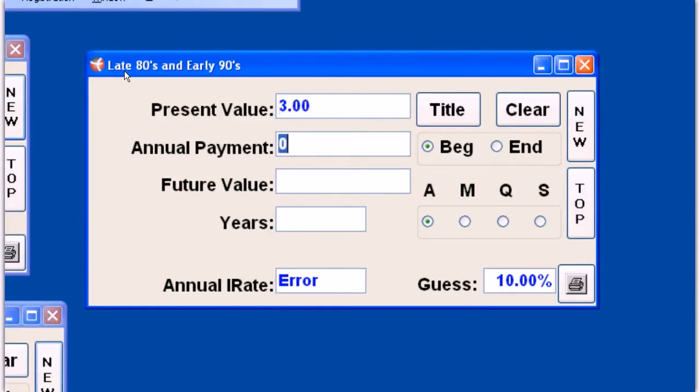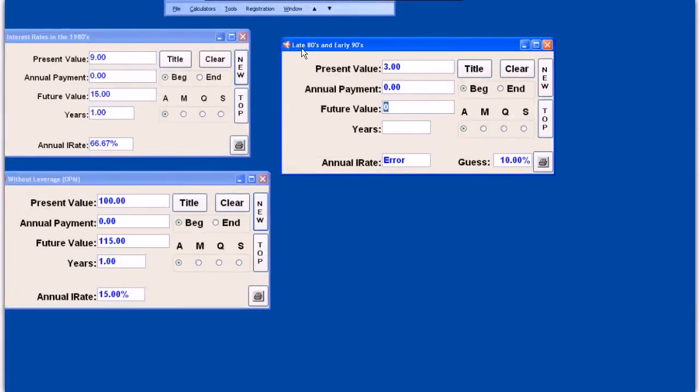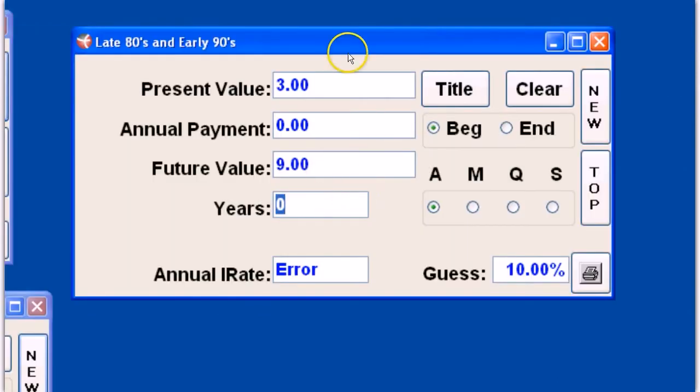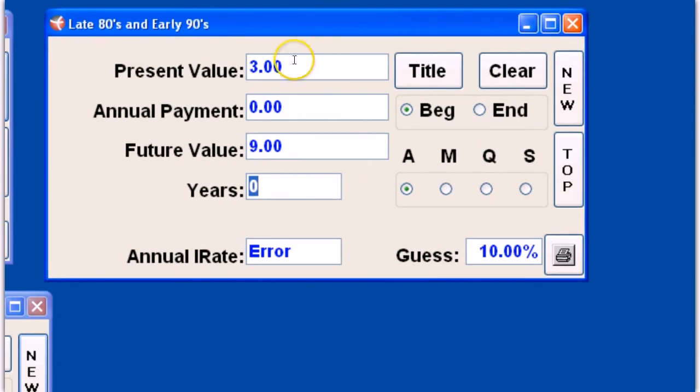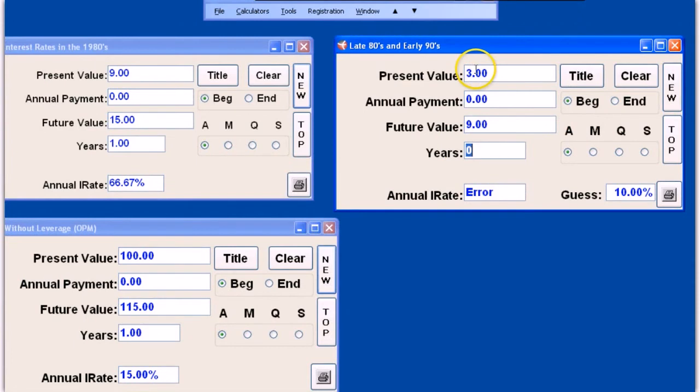Now all of a sudden, CD rates drop to around 3%, and consumer loans fall from 15% down to 9%. Now, this is key here. You look at these two: 9 from 15 is 6, 3 from 9 is 6. The banks' cost of money should remain exactly the same.